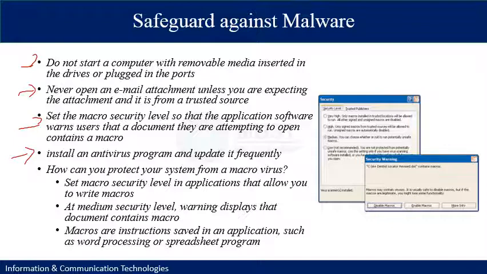So how does an antivirus program protect your system from the macrovirus? Usually you can do it by setting a macro security level in an application that allows you to write macros. At medium security, a warning displays that a document contains a macro. Macros are instructions saved in an application such as word processing or spreadsheet.